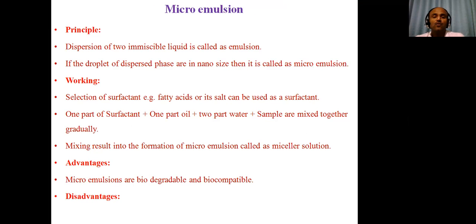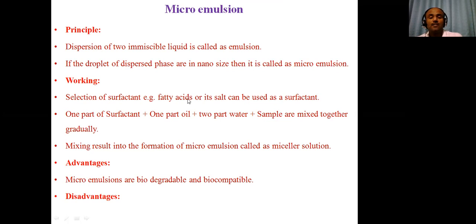The next method is microemulsion. We know that an emulsion is a colloidal system, and it is a mixture of two immiscible liquids. If the droplet size of the dispersed phase is in nano, then it is called a microemulsion. Now, in these microemulsion methods, an important part is the selection of surfactant.